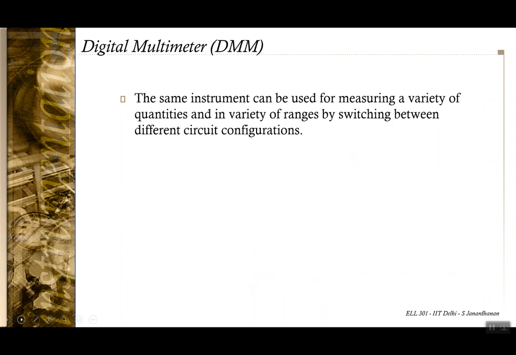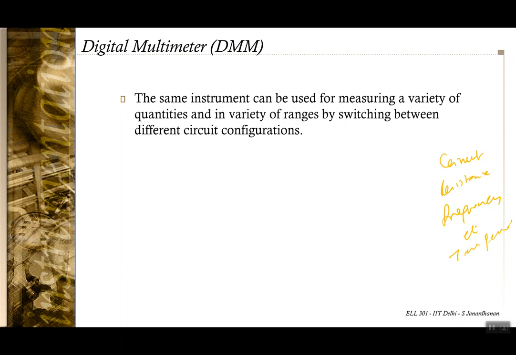Okay, now as I said earlier, the digital voltmeter can be modified to measure other quantities like current, resistance, frequency, time period, etc., and can then be used as a digital multimeter.